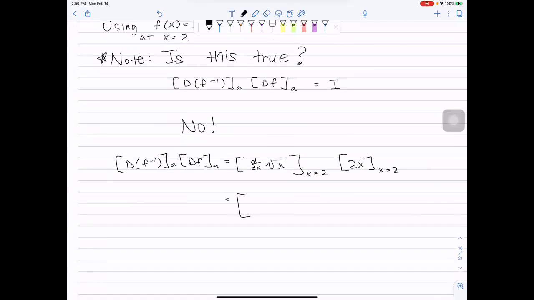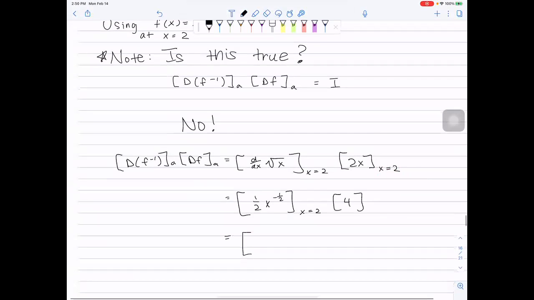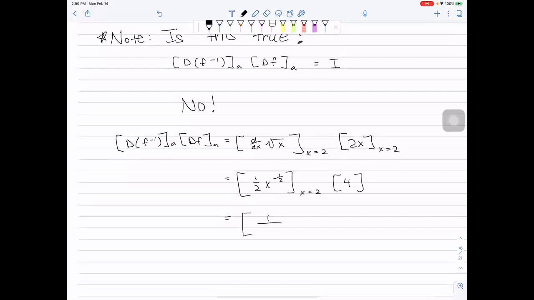Then what is the derivative of square root x? That's 1/2 x to the negative 1/2 at x equals 2. If you plug in 2 here, you get 4, since 2 times 2 is 4. What about if you plug in 2 here? You get 1/(2 square root 2), times 4. But this is not 1.